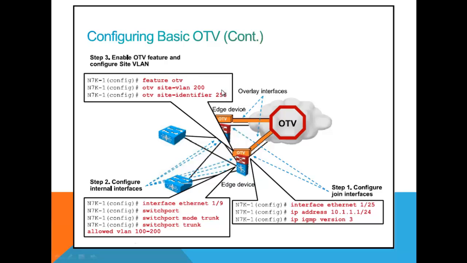So we give a site identifier so that these devices will know how many standby devices are there. That's for grouping, so one will be selected. If I have 2 devices with the same identifier, one has to be selected as authoritative edge device.